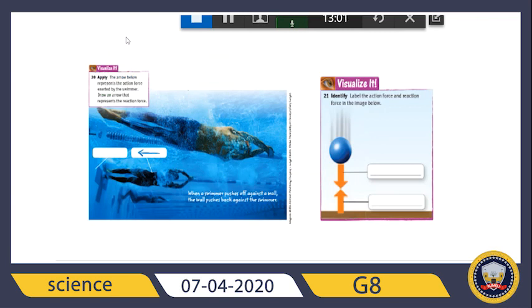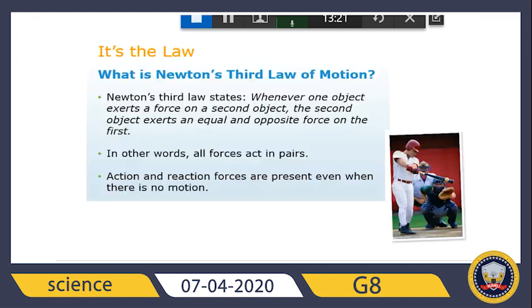Here, what do we have? The question is, the arrow below represents the action force exerted by the swimmer. Okay, so guys, here when a swimmer pushes off against a wall, as we can see here, what will happen? As we said, the wall pushes back against the swimmer. This is exactly what we said right here.